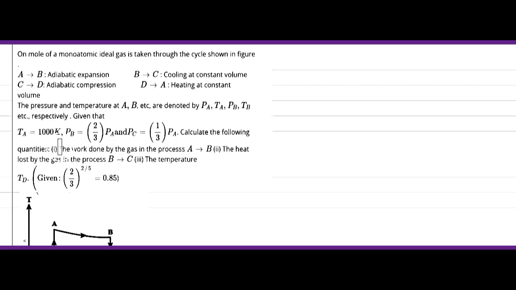Calculate the following. First, the work done by the gas in the process A to B. Second, the heat lost by the gas in the process B to C, and the temperature at point D. Given that 2 by 3 raised to power 2 by 5 is equal to 0.85, and this is our diagram.